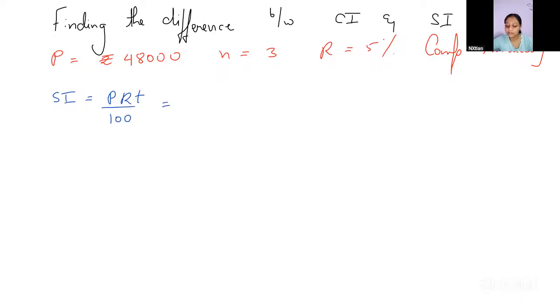You have principal 48,000 into rate 5 into time 3 by 100. Cancel, multiply and tell me what will be the simple interest.